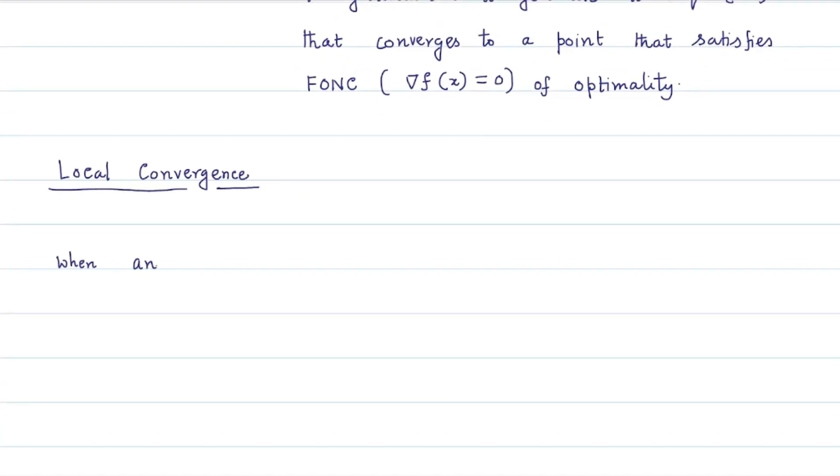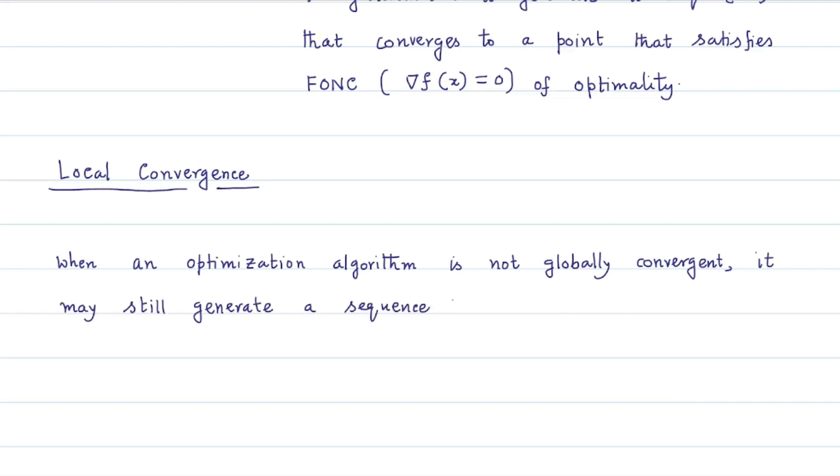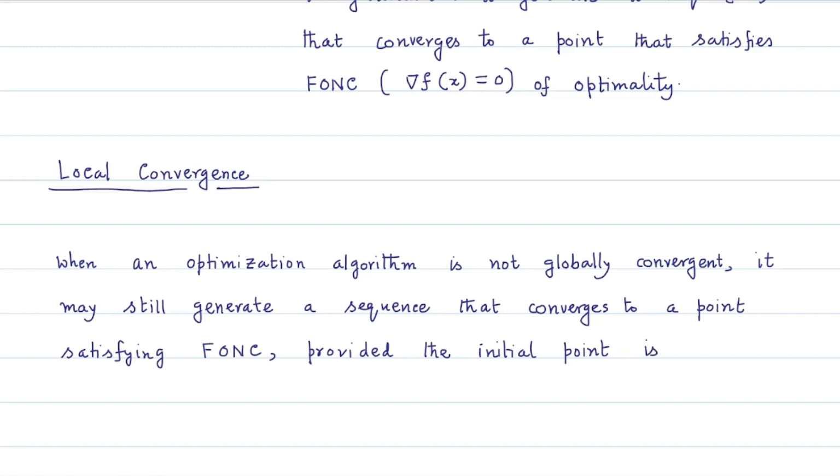When an optimization algorithm is not globally convergent, it may still generate a sequence that converges to a point satisfying the first order necessary optimality condition, provided the initial point is chosen from a sufficiently close neighborhood of a point that satisfies the first order necessary optimality condition.